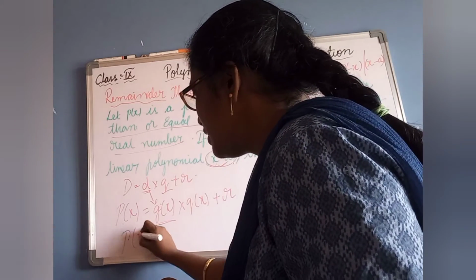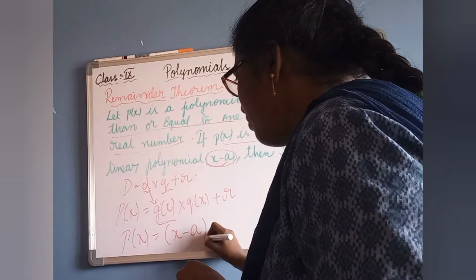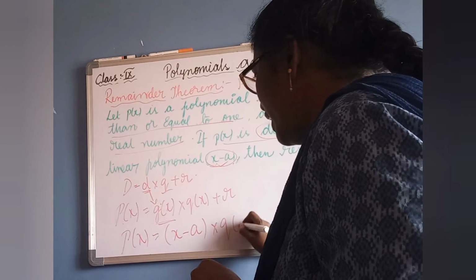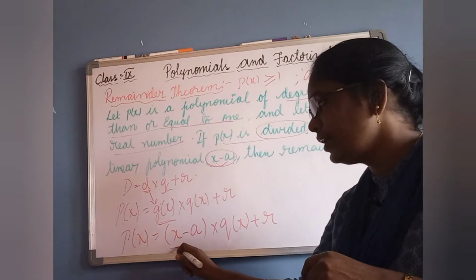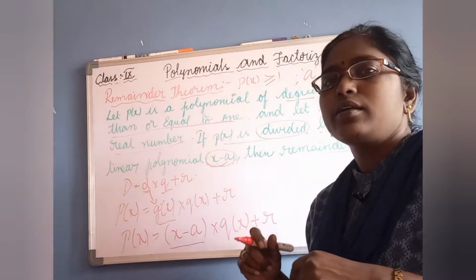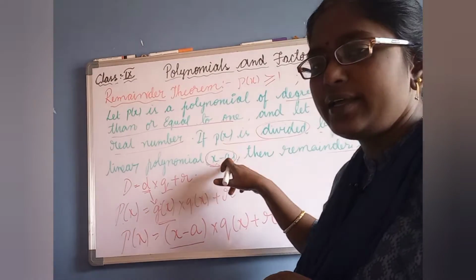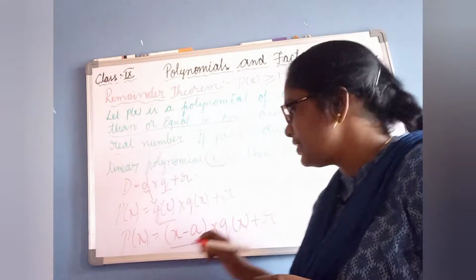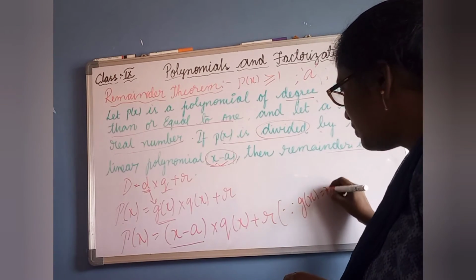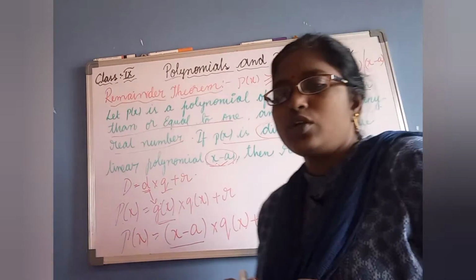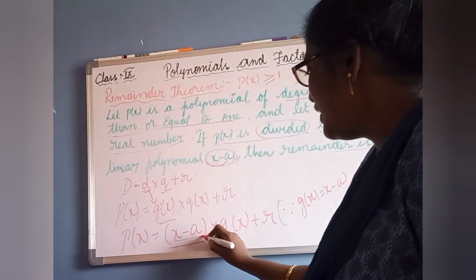So p of x is equal to x minus a multiplied by q of x plus r. Here x minus a is the divisor. Since g of x is x minus a, the degree of x minus a is 1.